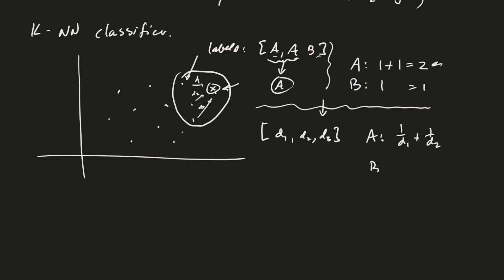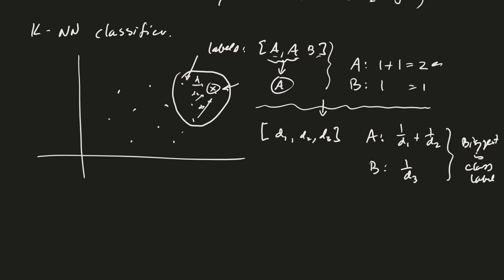And then for class B, it would be 1 over d3. And whichever is biggest is the class label. And so, do you see why we would do that?